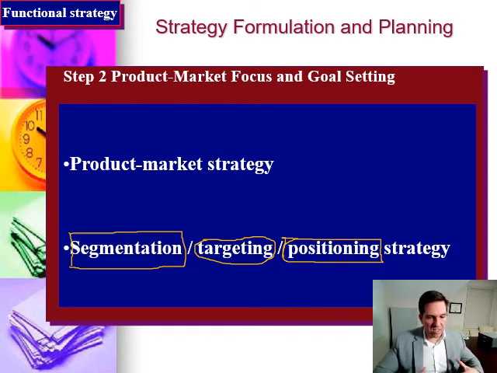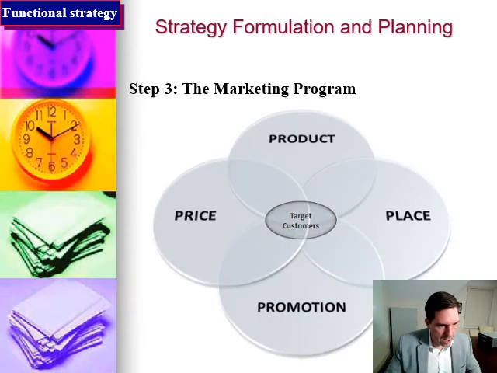So positioning is not just smoke and mirrors, okay? Positioning is making sure that the experience that the customer has with your product and brand is consistent with what you're trying that positioning to be, okay? And that might actually, many times, mean that you need to change the product, not just the messaging aspects, okay?